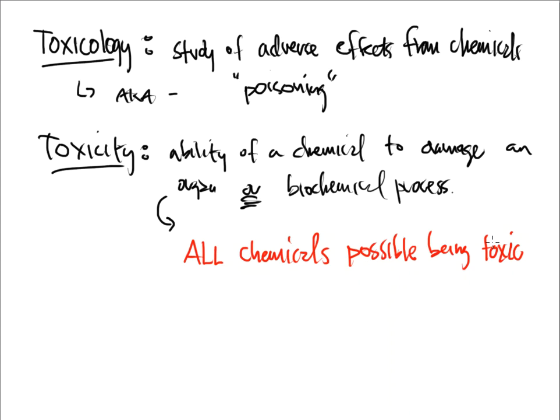I'm going to die. Well, no, it doesn't quite go that far. So we're going to kind of clear up this definition a little bit, but you do need to understand that all chemicals have the possibility of being toxic. And I'm going to put in parentheses here, yes, even water. Water could be toxic.